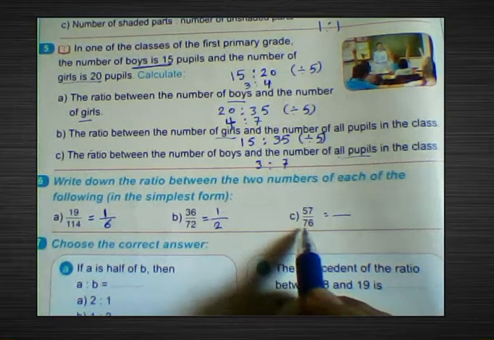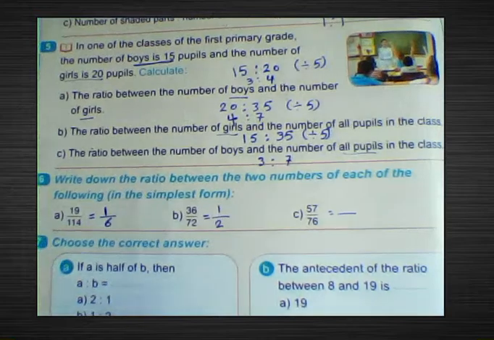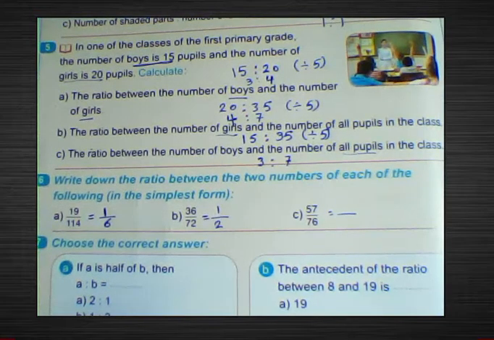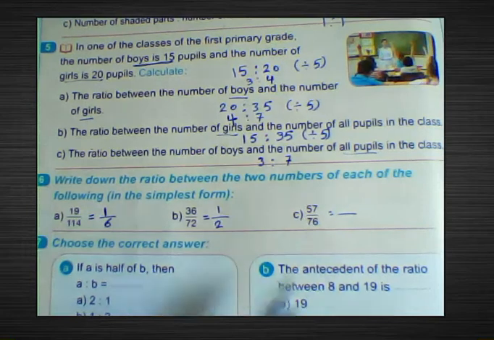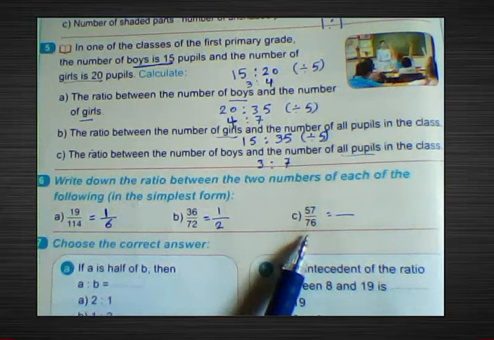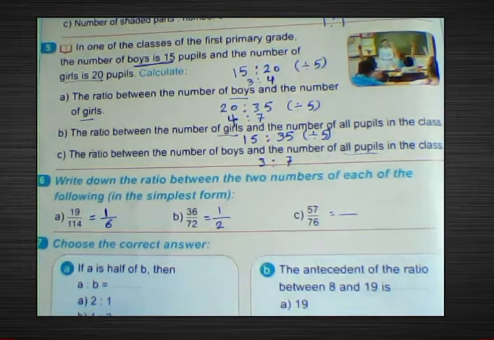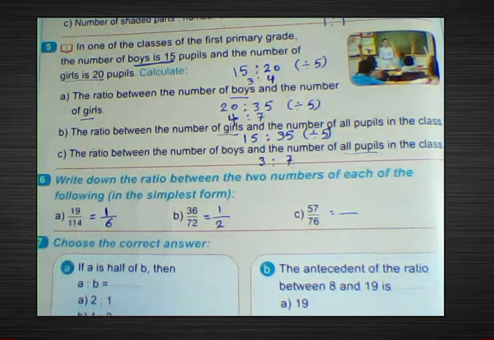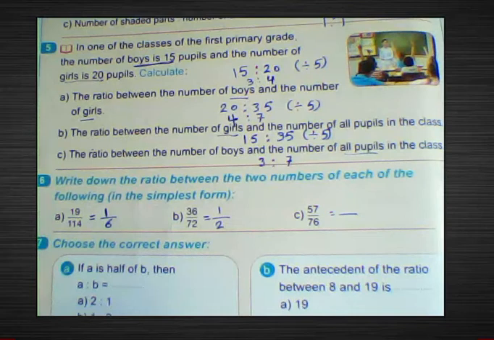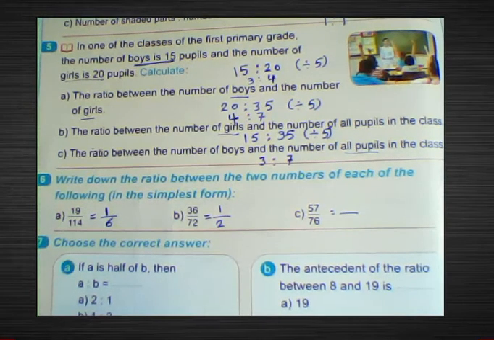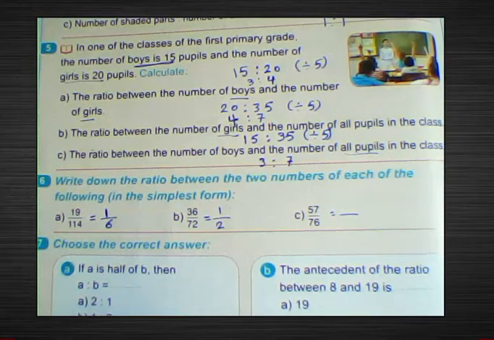57 over 76. Who can solve it? We can divide it by 3? No, because 76 can't be divided by 3. 57 we can divide by 3, but not 76. So how do we solve it? We have prime factors.